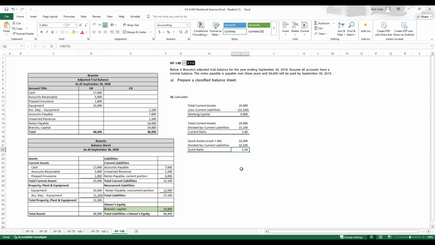If you're trending downwards, maybe that's a red flag or an indication that liquidity is decreasing. And maybe that's okay. Maybe it's just part of the operations with what's going on at the business. But it might indicate that maybe you need to open a line of credit to be able to access cash through some sort of debt financing instrument like that.